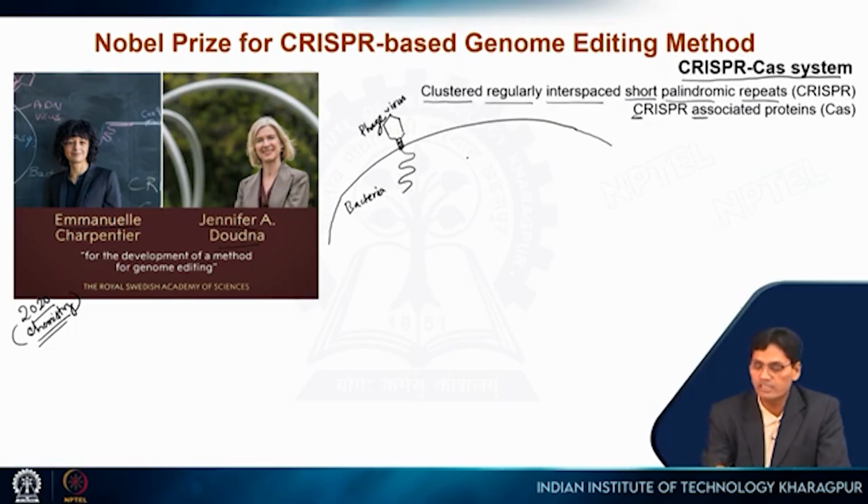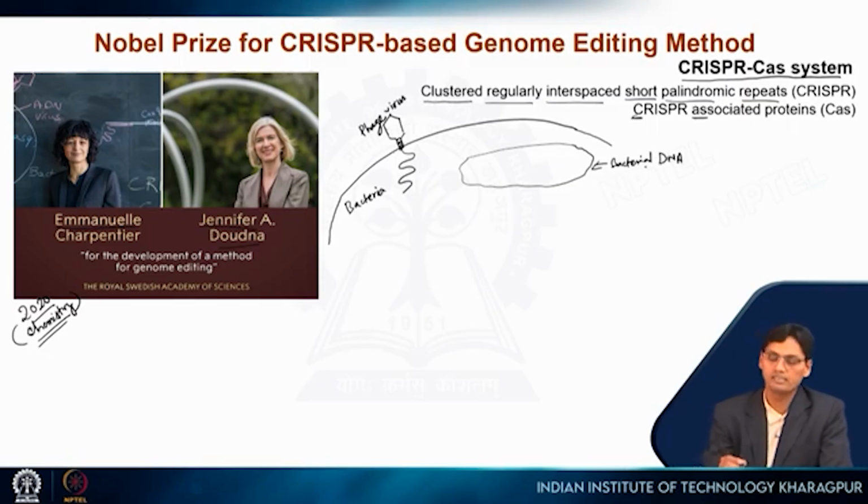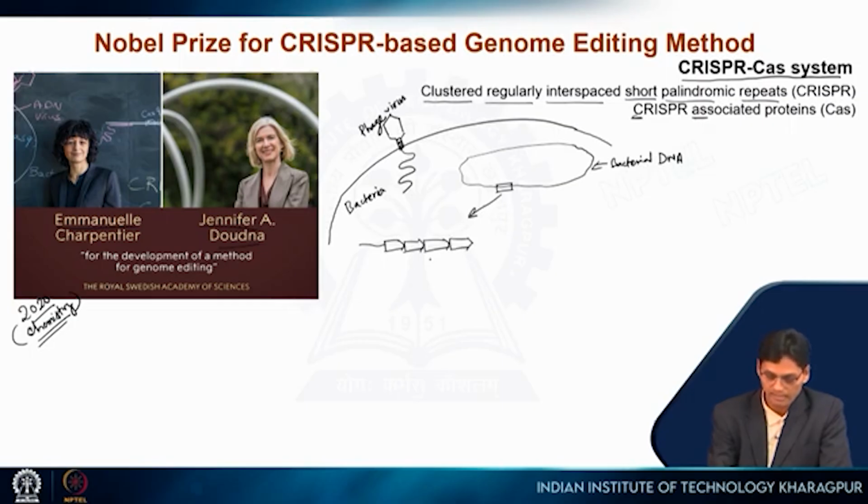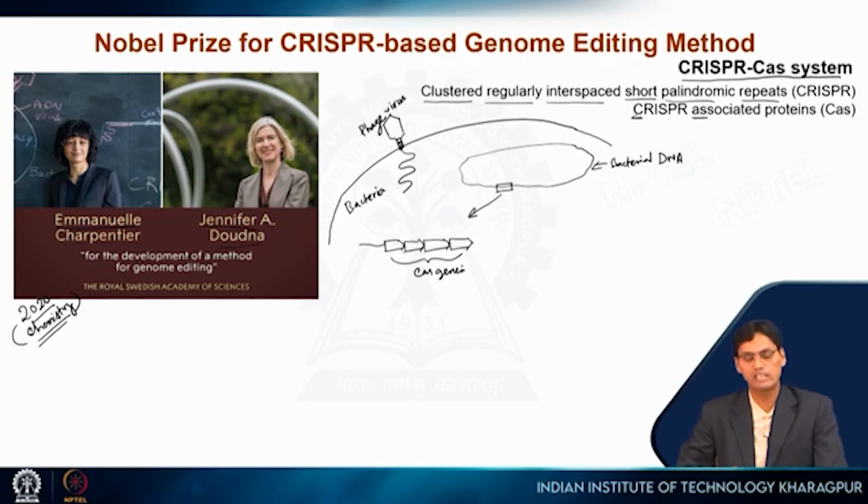If this is the bacterial chromosome, the bacterial DNA, I am zooming into this portion where all these things are happening. This is part of the bacterial chromosome itself. So what is present here? You have a portion called Cas genes, which is already present in the bacterial chromosome.